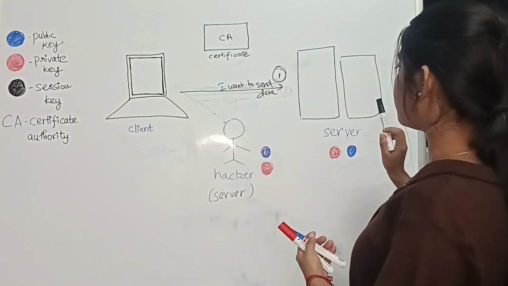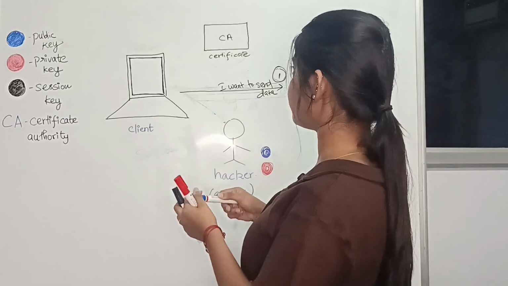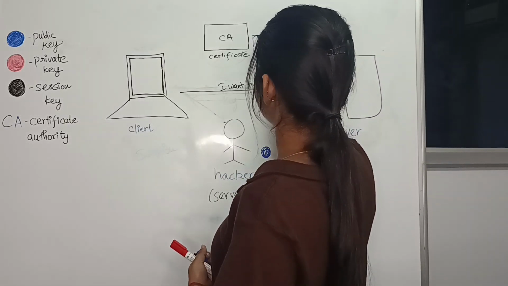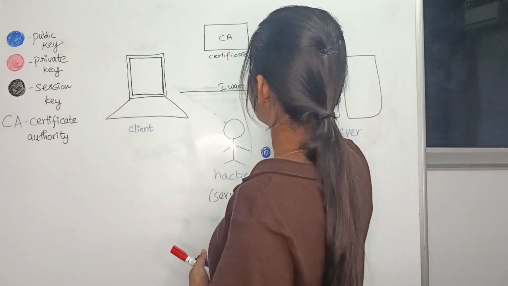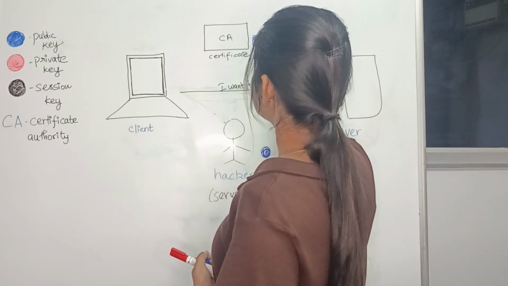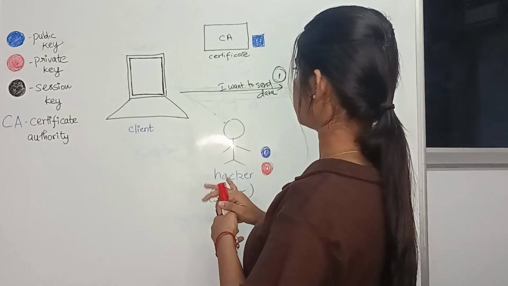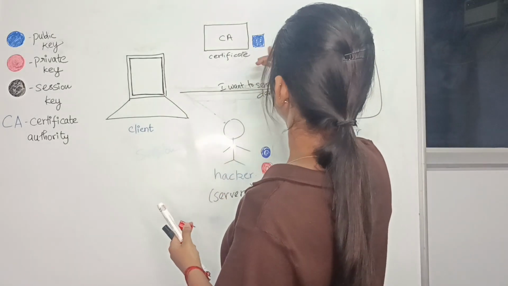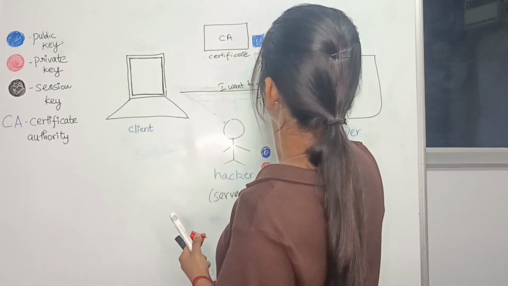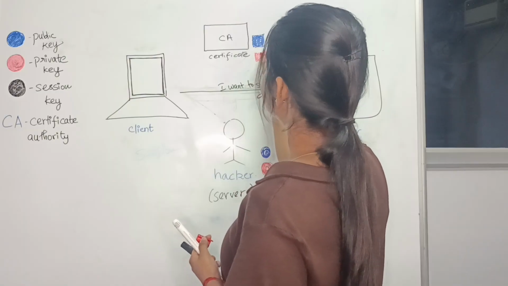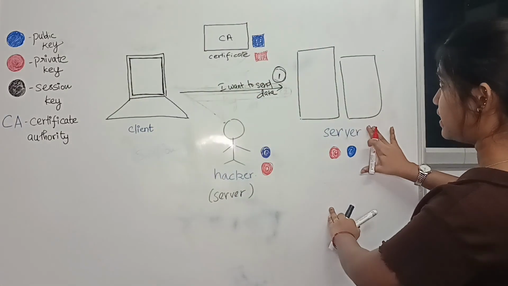The certificate authority has its own public key and private key, similar to the server. Here, the server goes to the certificate authority and sends the server's public key.